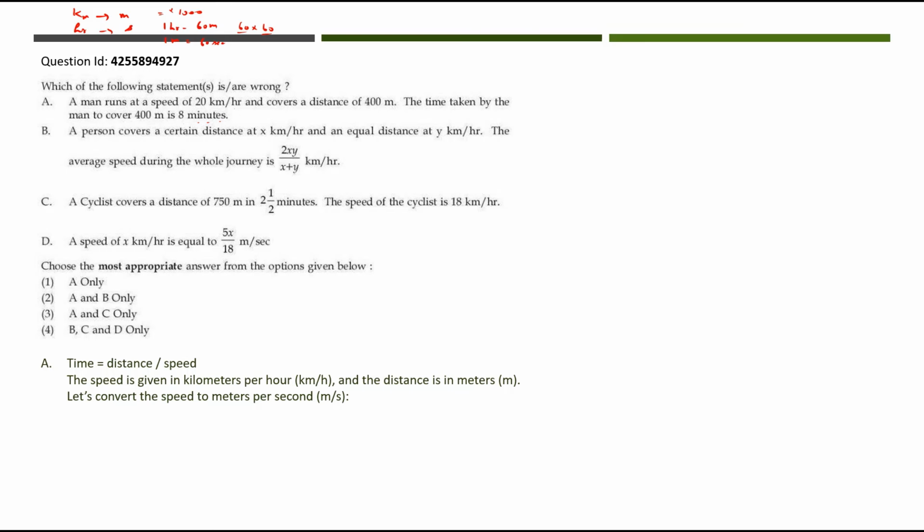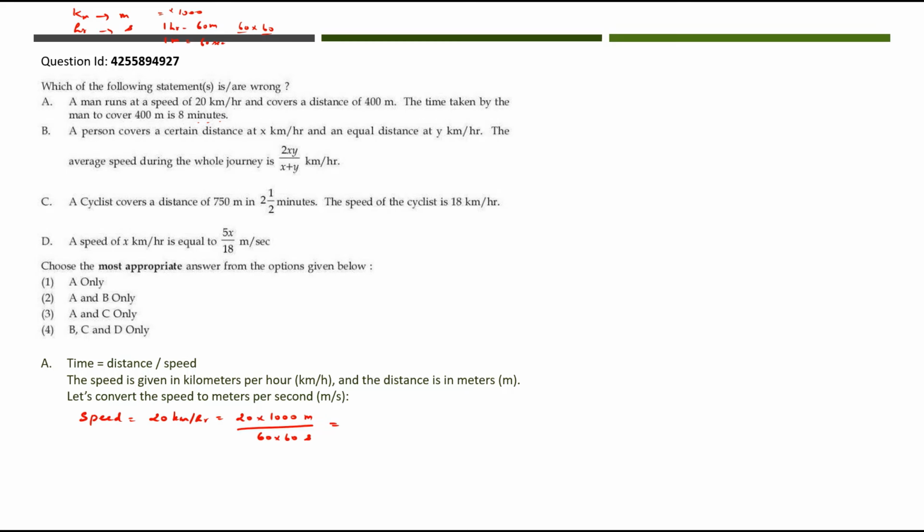So first let's convert the speed to meter per second. Speed is given as 20 km per hour. So let's take 20 as it is. 1 kilometer can be represented as 1000 meter, and per hour goes to the denominator as 60 into 60 seconds.